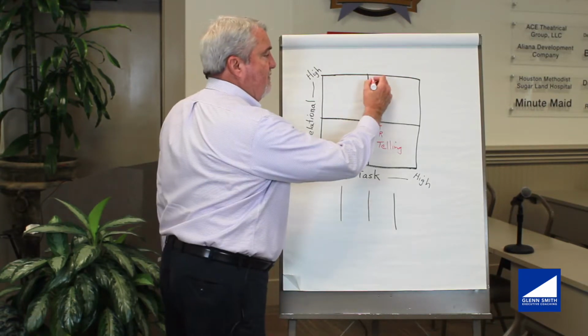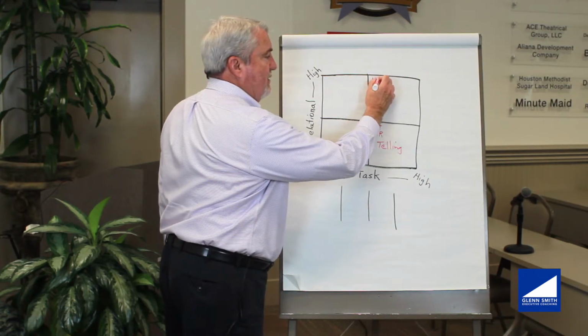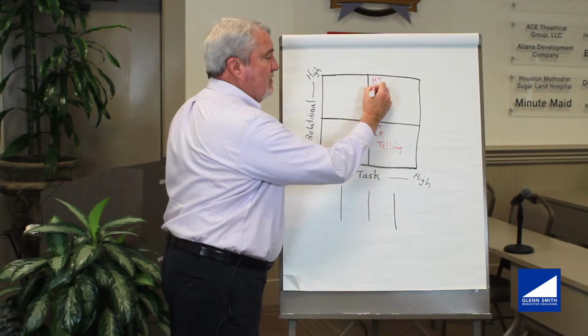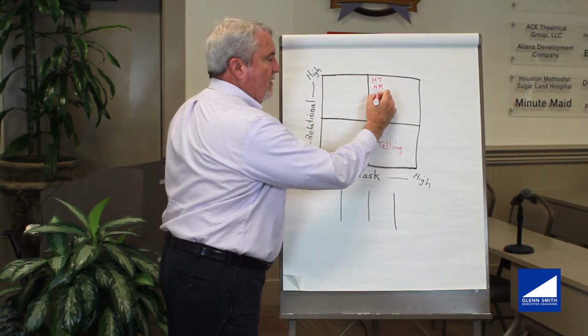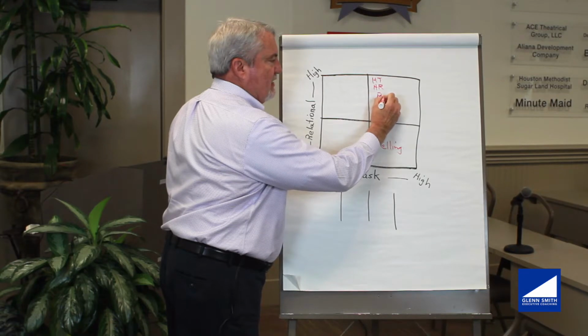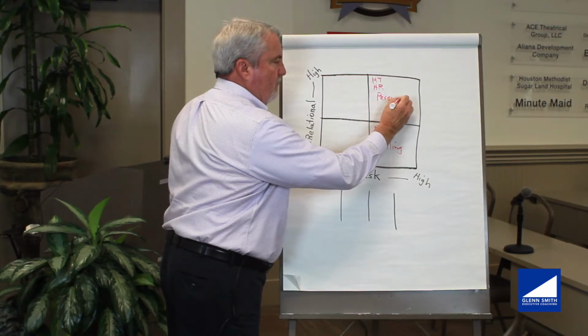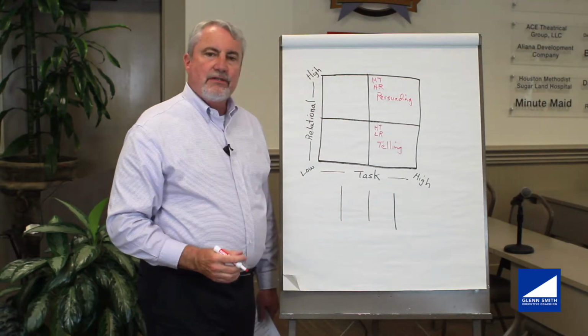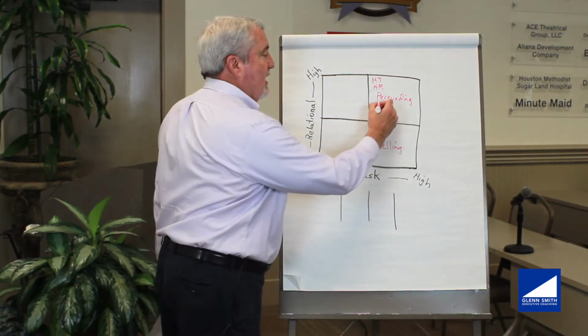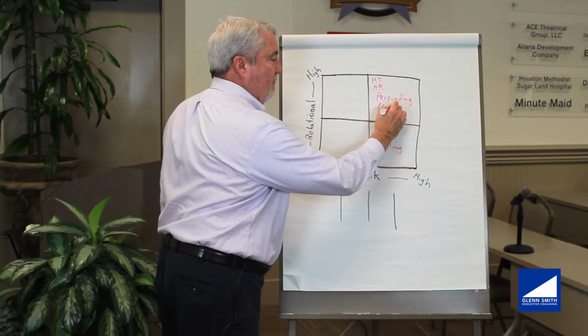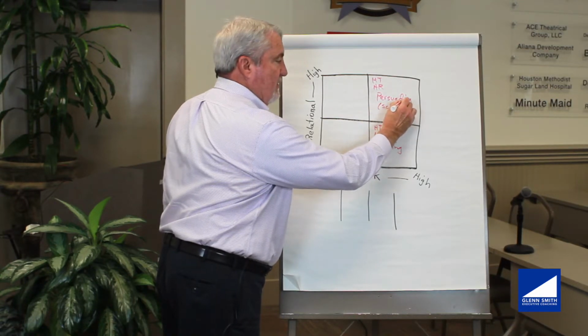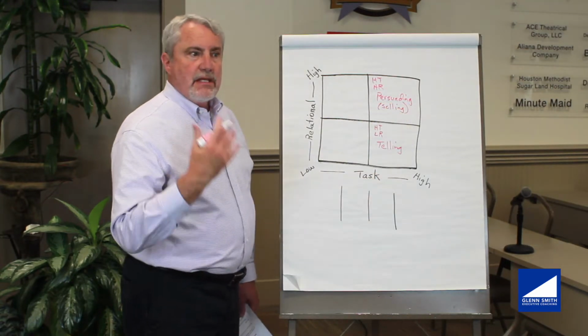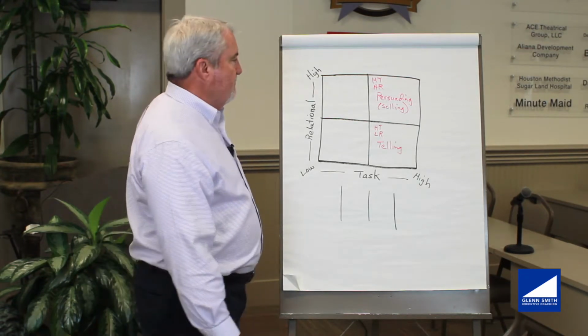If your behavior is high task but also high relationship, we call that a persuading style. Or Hersey and Blanchard and Johnson call it a selling style of leadership, where you're trying to sell the idea or sell the task or the behavior that you need.